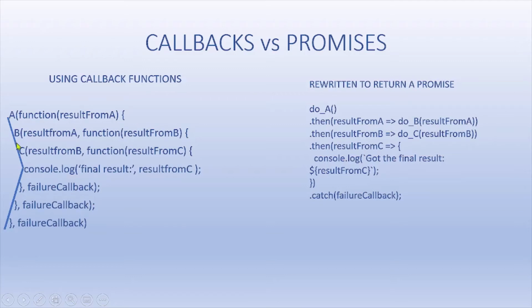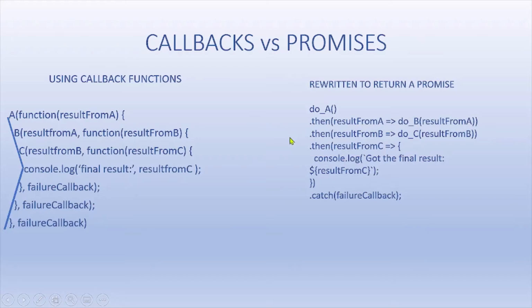So when we have a situation where, for example, a function has to take its result and pass it on to another function, and that function has to take that result and pass it on to another one, and so on and so forth, then it's better to use a promise. This is easier to read, as you can see, right? We need to catch errors only at one point, right? And we don't have a pyramid of doom.